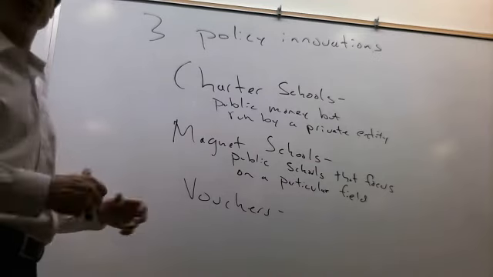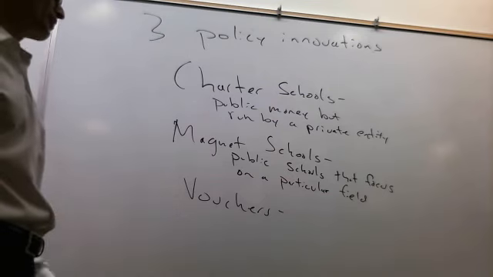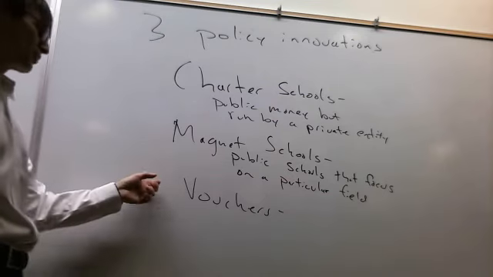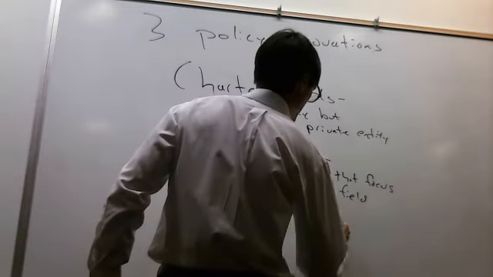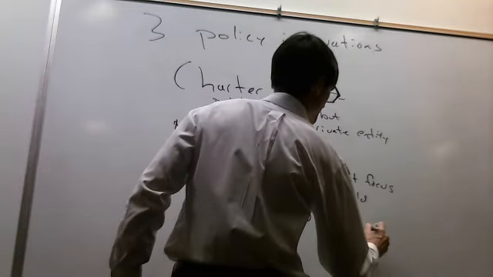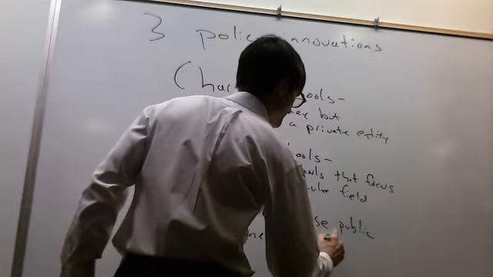And voucher systems, do you guys know about those? These have been around for about 30 years. The biggest one was in the city of Milwaukee. Basically, you can use public money for private school.